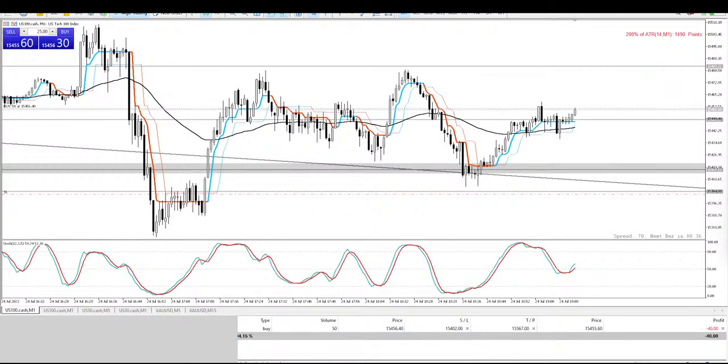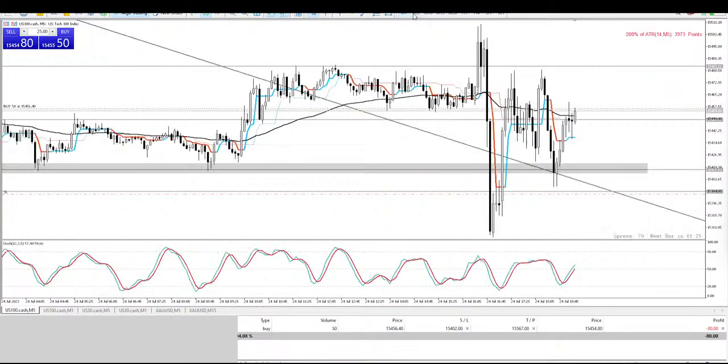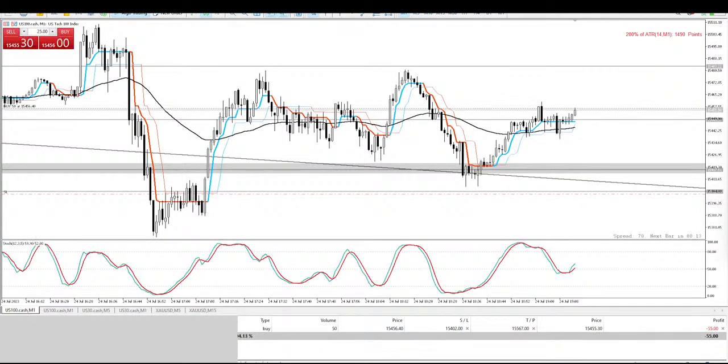Let's see. Just about 30 seconds to go. Ideally, I would want to wait for this 5 minute to close nice and bullish, but by the time that closes, it could end up moving up too much.